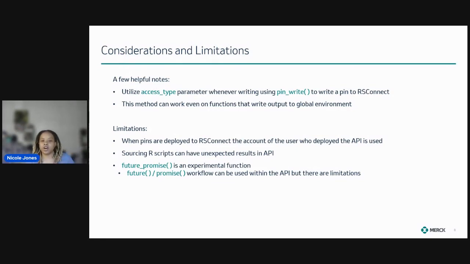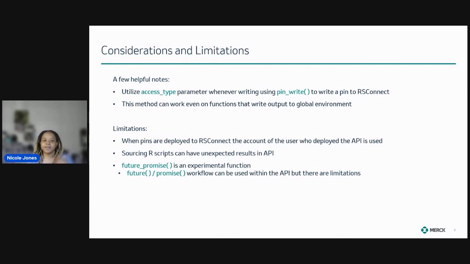This method also works for anything that was written into the global environment. In our use case, objects were written to the global environment, and we first thought maybe we should change it so that it returns the value, but you can work with things that get written to the global environment.